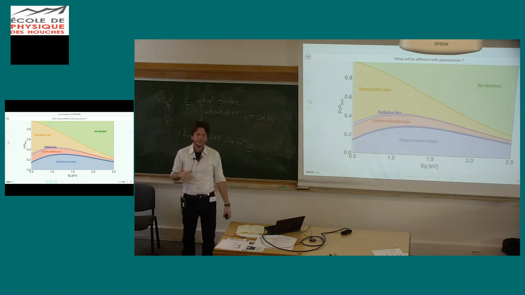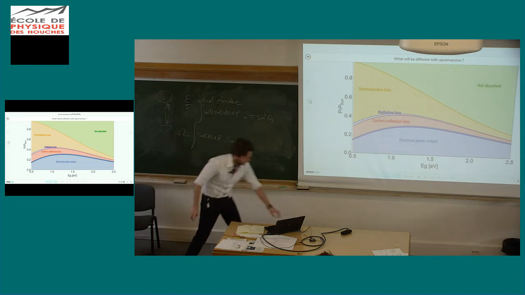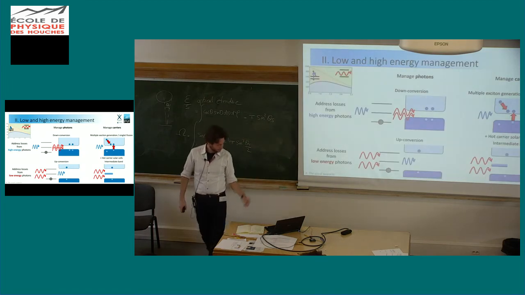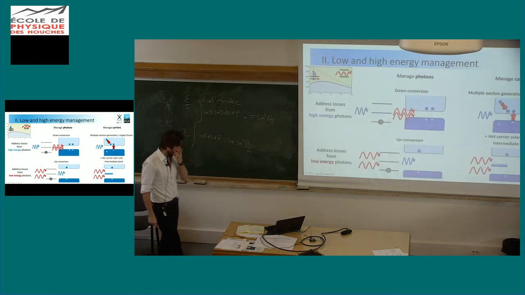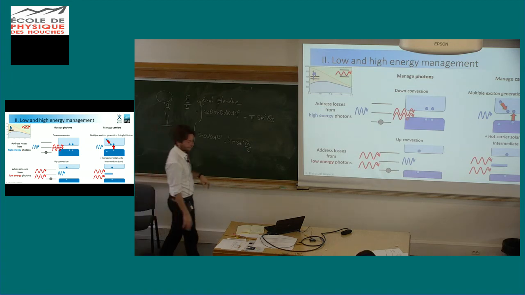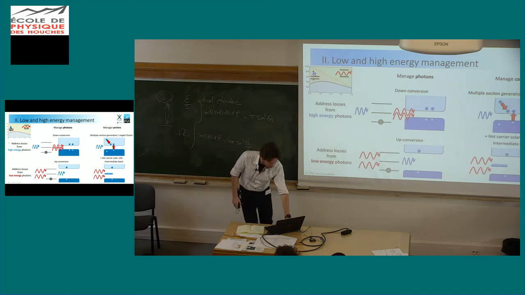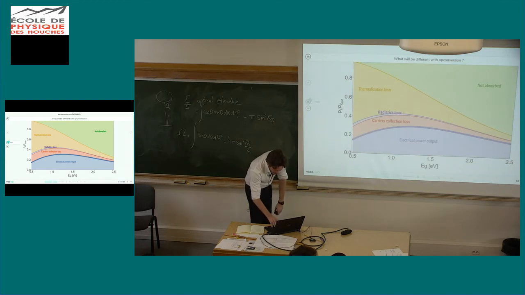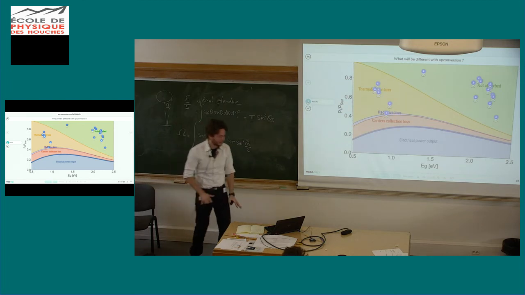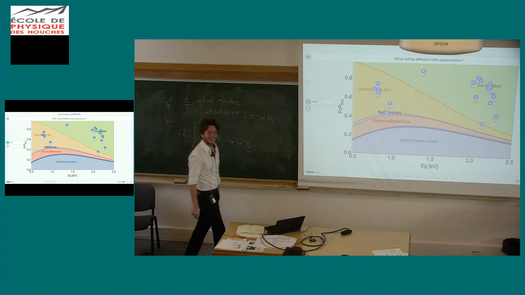What is upconversion doing? Upconversion is taking two red photons, turning them into a blue photon. So let's see what you say. Hesitations. Is it photons which used to be not absorbed, or photons which used to be thermalizing, or maybe radiative losses? We don't know, just in case.